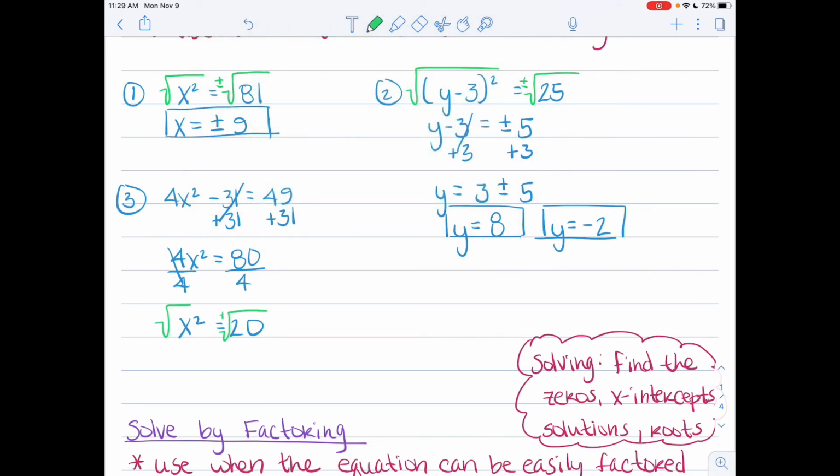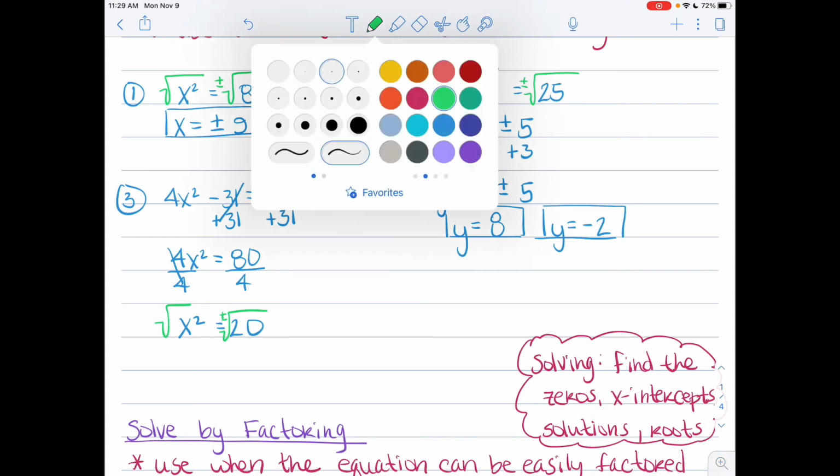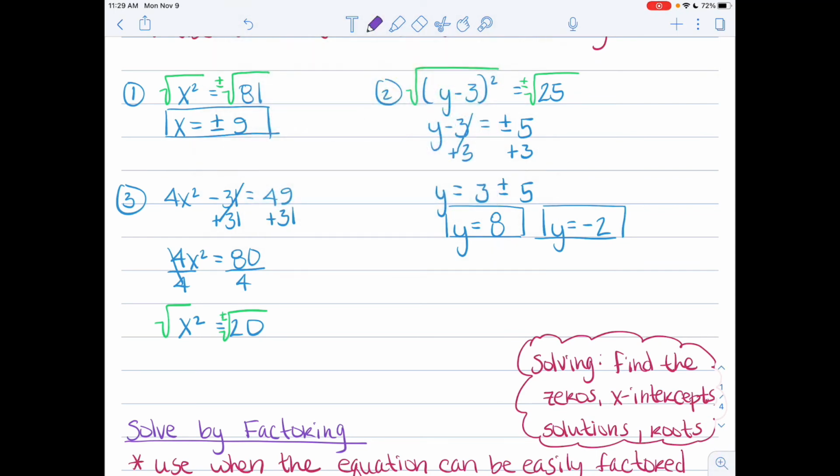I notice though that 20 is not a perfect square, so I'm going to use the technique for simplifying things under a square root that I learned previously, and I can break 20 into 4 and 5. 5 is a prime number, and you might recognize that 4 is a perfect square.